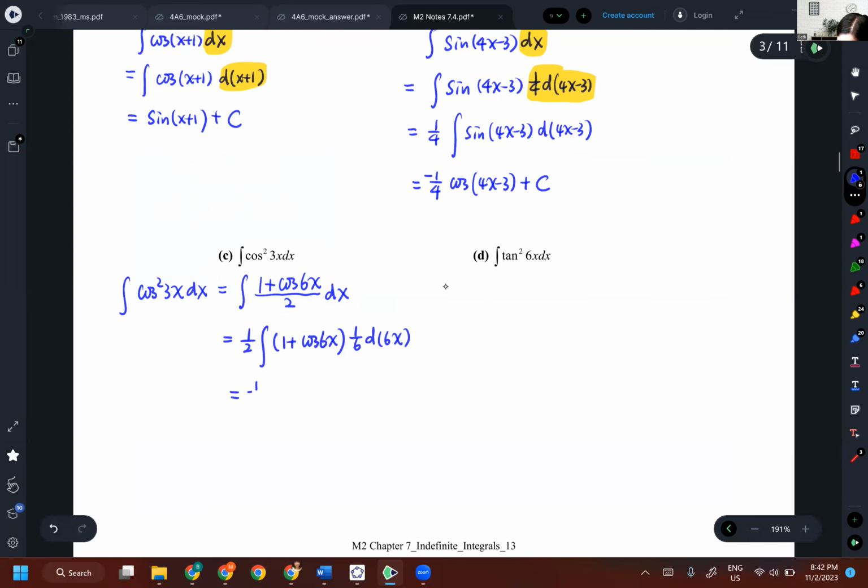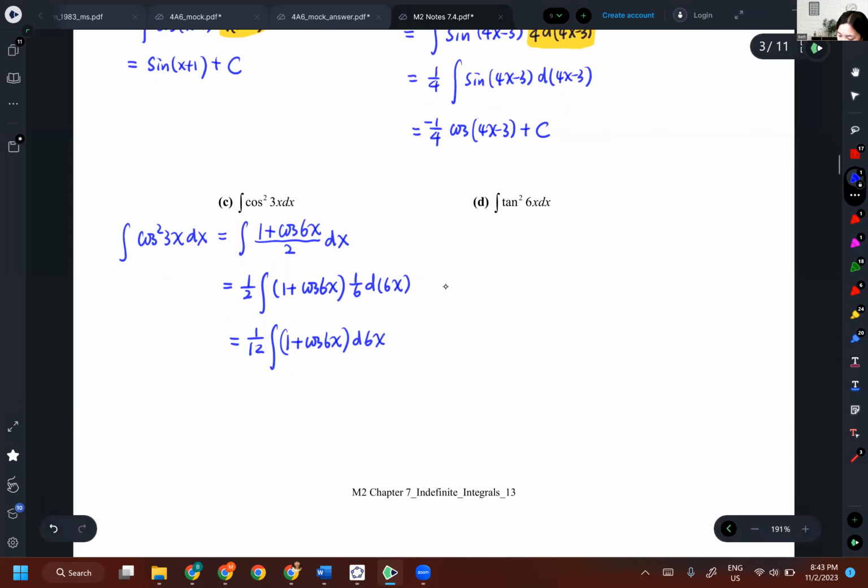And then I'm getting 1 over 12, 1 plus cosine 6x d6x. And then I should have 1 over 12, 6x plus sine 6x, close bracket, plus c. Let me know if you're confused, because you may not think the same way.